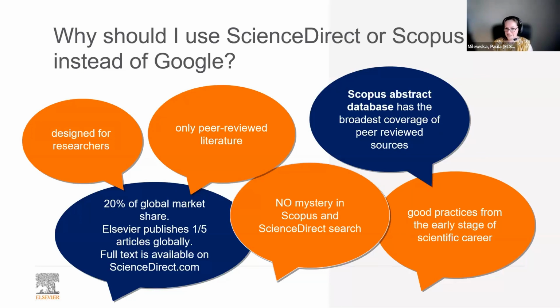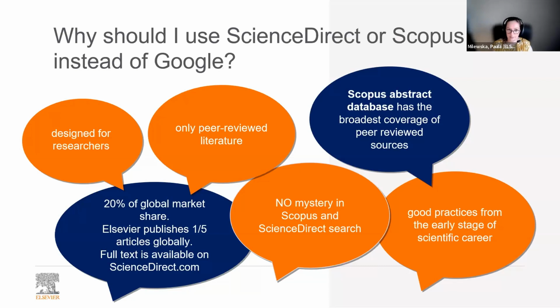First big question is, okay, why should I use ScienceDirect or Scopus when I can use Google? I can just Google it. Yeah, so this is a question that we can hear a lot, especially coming from young researchers who are used to using Google in any case.